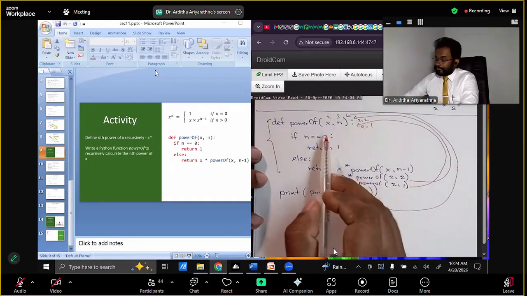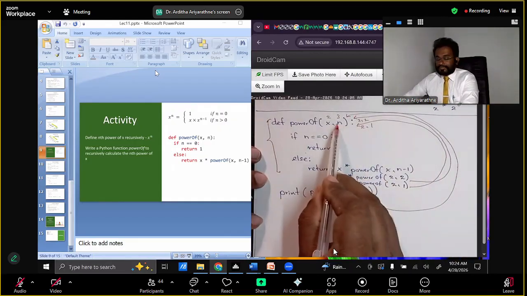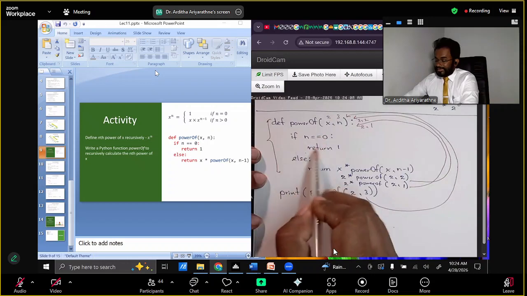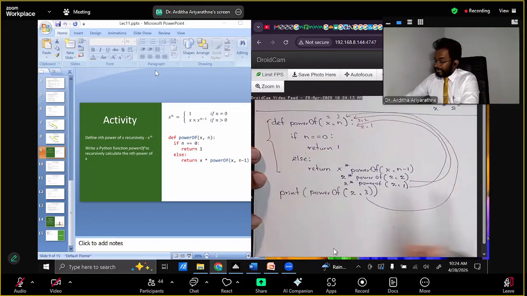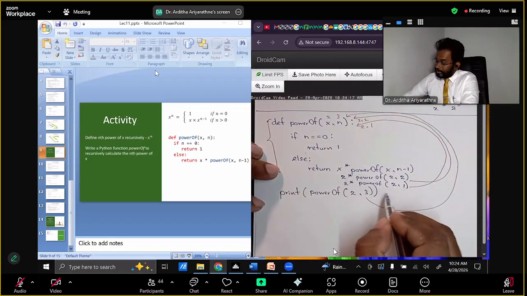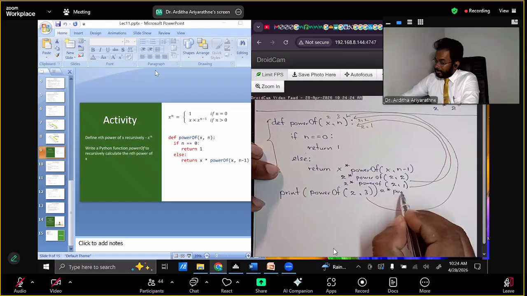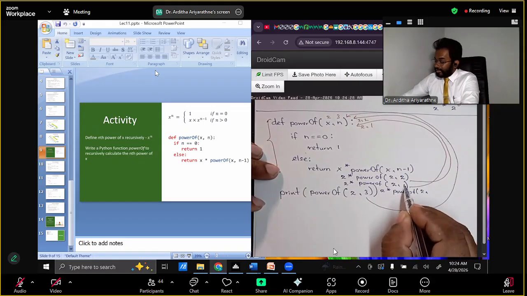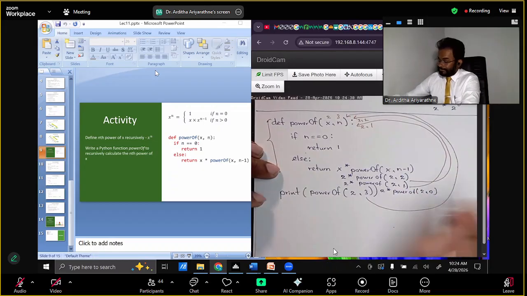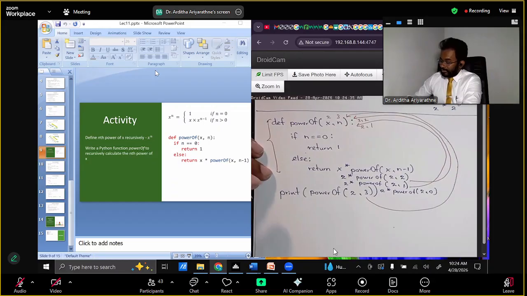Now n value is 1, not equal to 0. It means the if condition is still false, so we come to else. Here I am writing the same thing because I have no space: 2 multiplied by power of 2, then 1 minus 1 is 0.